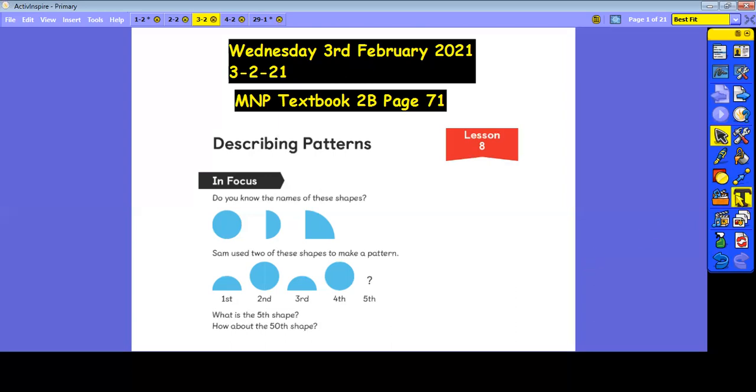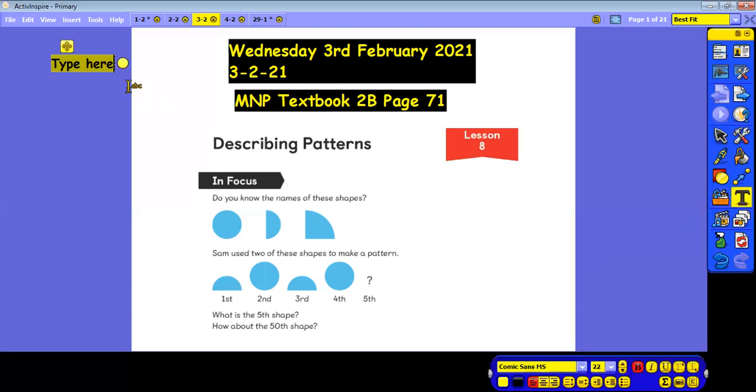If you can remember that our odd numbers in the ones column will have a 1, a 3, a 5, a 7, or a 9.